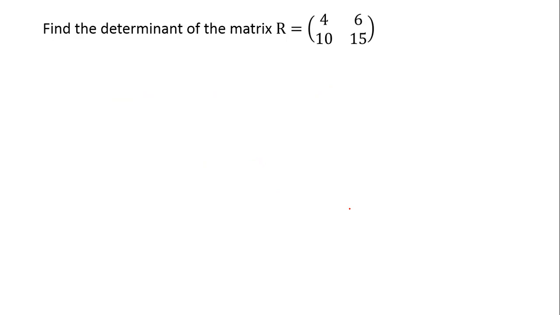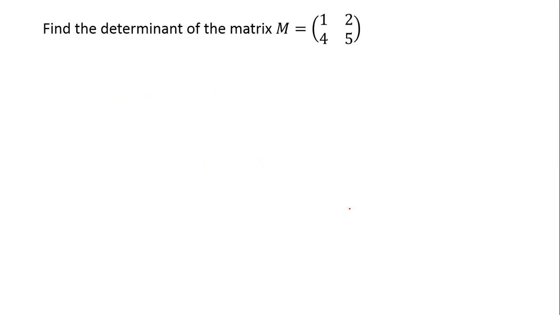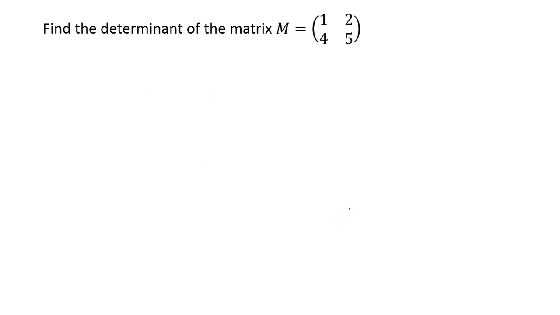So there is another question for us. Find the determinant of the matrix R, which is 4, 6, then 10, and 15. Okay, let's first find the determinant of a matrix M, which is 1, 2, 4, 5.